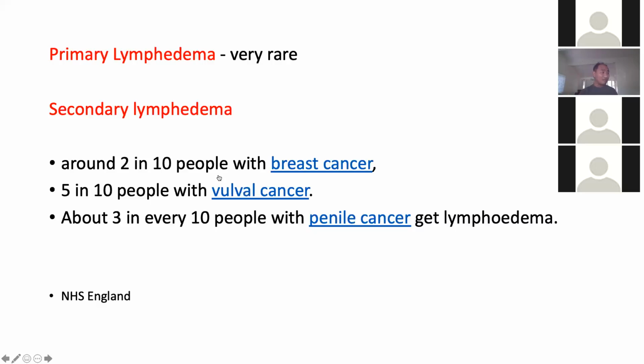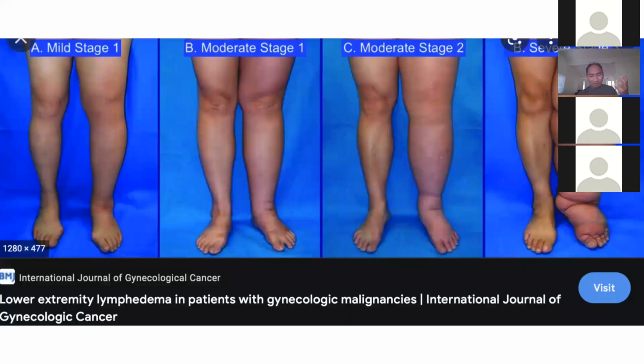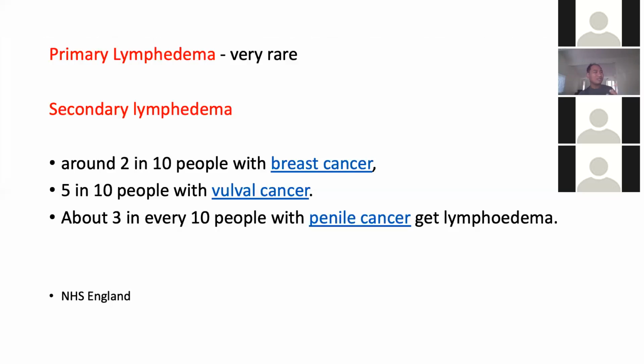If it is vulvar cancer, 50% of the patients, it is very sad, 1 in 2 patients are going to get this problem. On top of the cancer, they have this sort of problem. It is really sad. Vulvar cancer, cancer in your private part, how annoying is it?